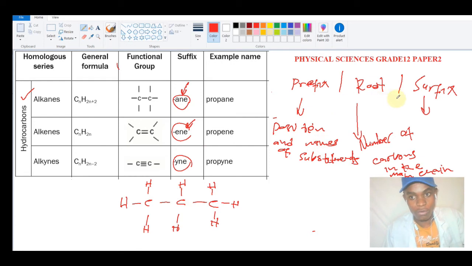So we go to our root. Our root tells us the number of carbons.